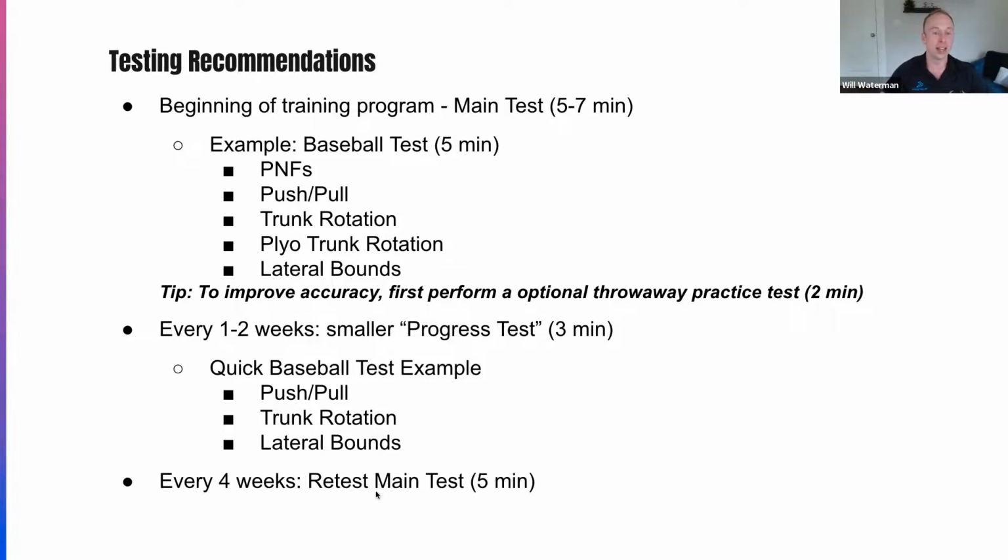And then lastly, we recommend you retest this main test every 4 weeks or so. That's because power is very fluid and it's going to be impacted by training very easily. And so the recommendations kind of expire. We actually throw up a warning on the screen if it's been longer than 4 weeks, because we don't have confidence that those recommendations are valid after about 4 weeks of time. So retest. That's really important.